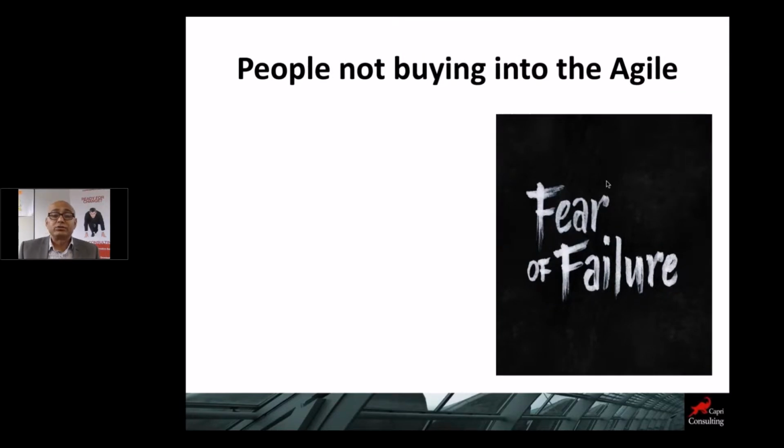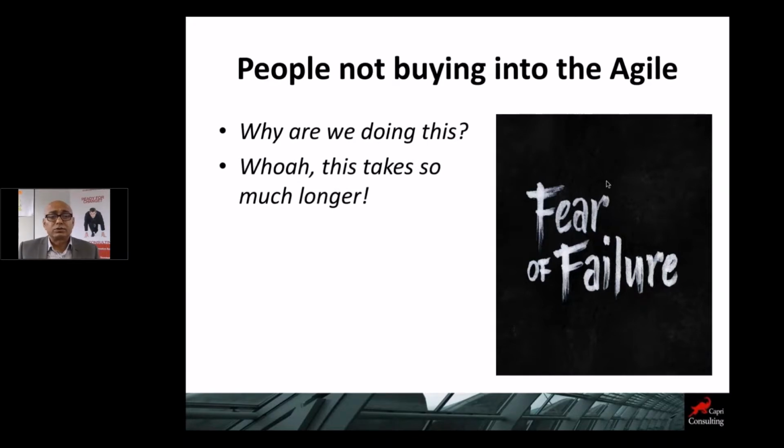So people not buying into Agile is because of questions like, why are we doing this? Everything is working fine. Okay, this takes much longer, because we go through so many exercises and so many practices and so many ceremonies in the Agile world, and they think that, yeah, it takes much longer actually.